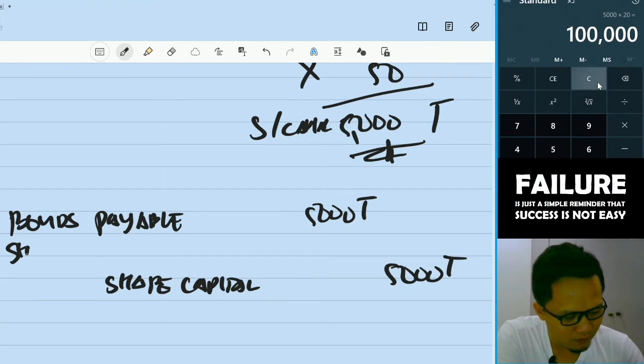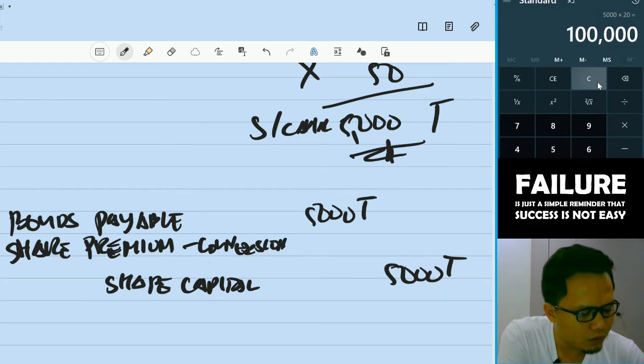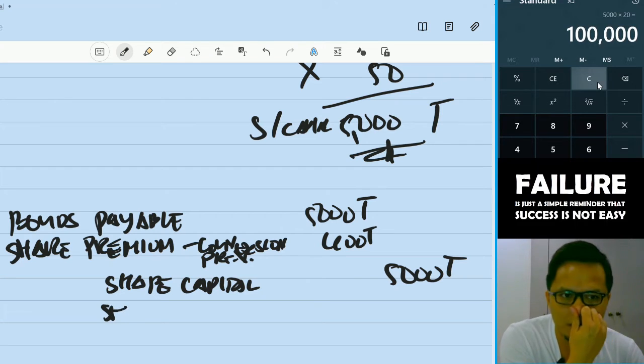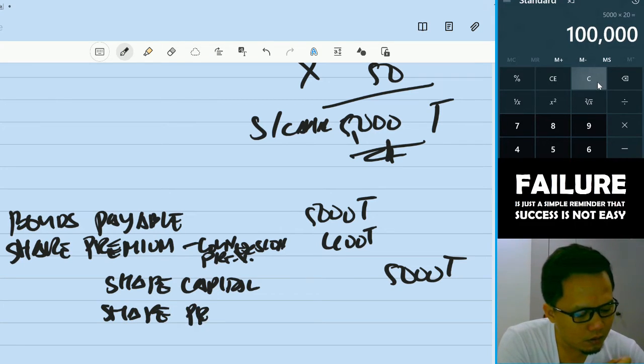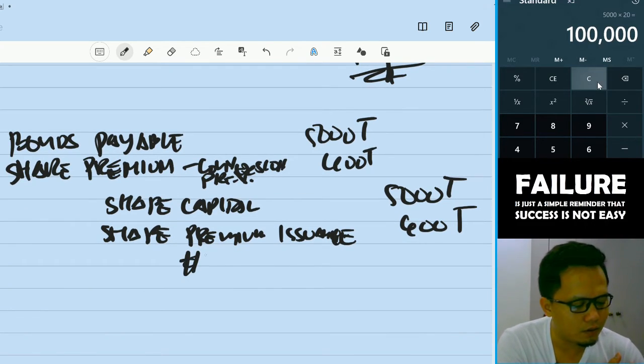So to close it, we just need to debit share premium conversion privilege at 600,000, then credit share premium issuance at 600,000.